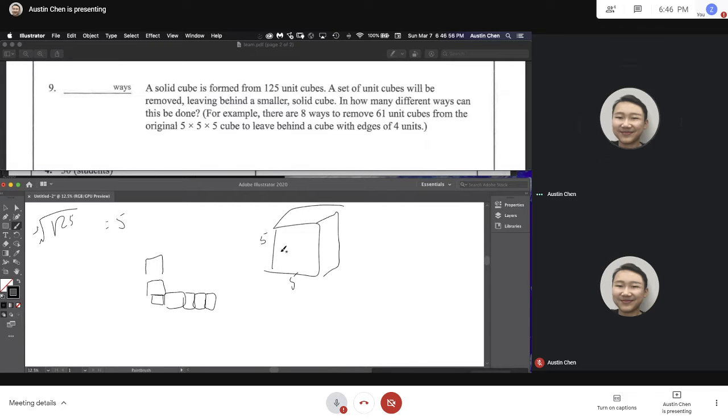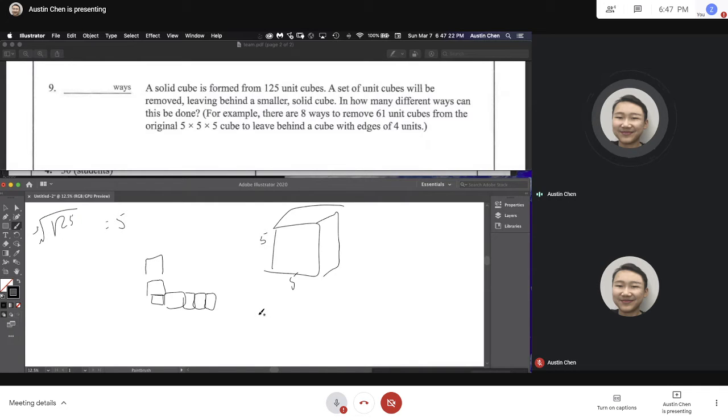For every 4 by 4 by 4 cube that exists in our 5 by 5 by 5 cube, there's one way to remove the cubes to get to that cube. So we're just counting the number of 4 by 4 by 4 cubes in our 5 by 5 by 5 cube. So then it's easier to think of.